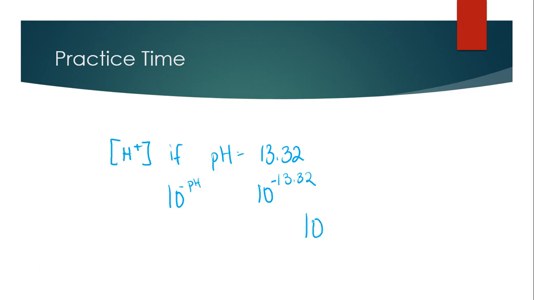And literally on your calculator screen, you can type 10, and then the caret button, it's got the little up arrow, negative 13.32, like 10, up arrow, negative 13.32, hit equal, and you will get the correct answer. You'll get some sort of a decimal number, most likely with a pretty big negative power of 10, like 10 to the negative 14th or something, okay?